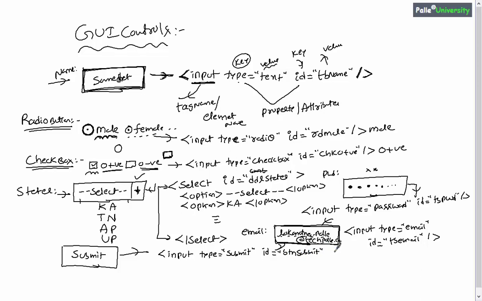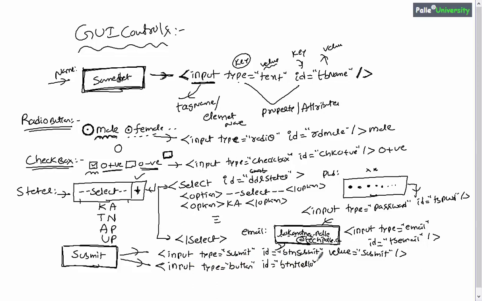After this, if you want to display some content inside the button control, you have to write that content using the value property. Value equals submit. Similarly, there is one more way which we can use for creating button controls, that is you can write input type equals button, id equals btn something.